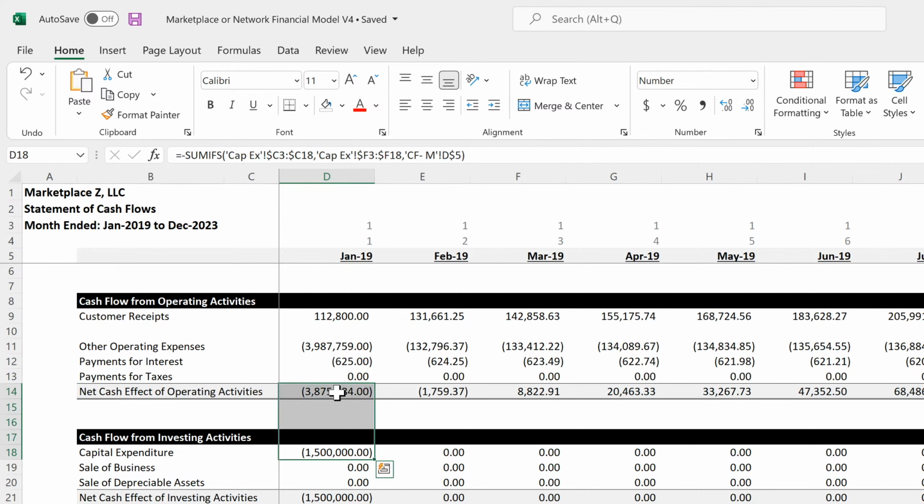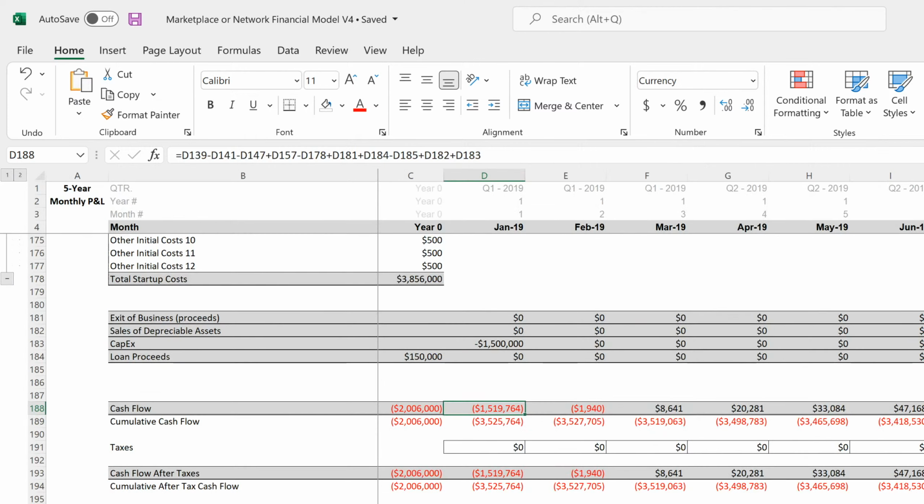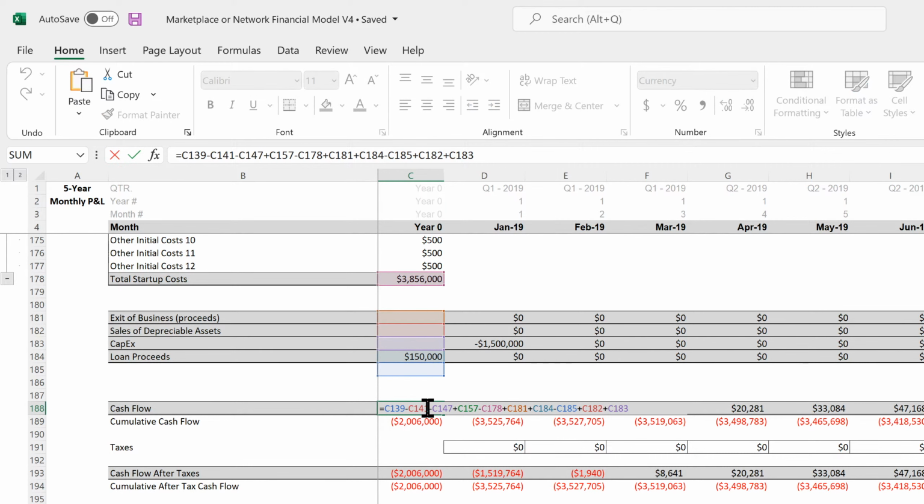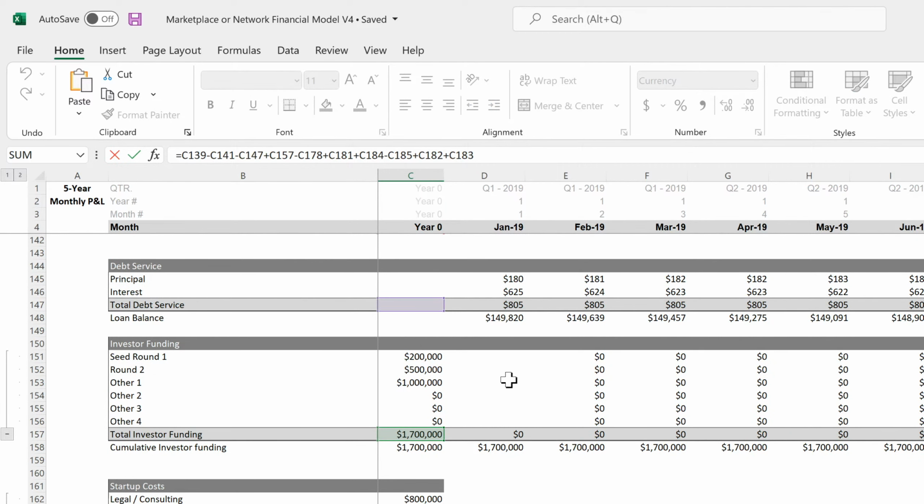So really we've got 5,375,000 going out. On here, that should be equal to, let's see what happened here. Oh, hold on. Investor funding is being counted in this.